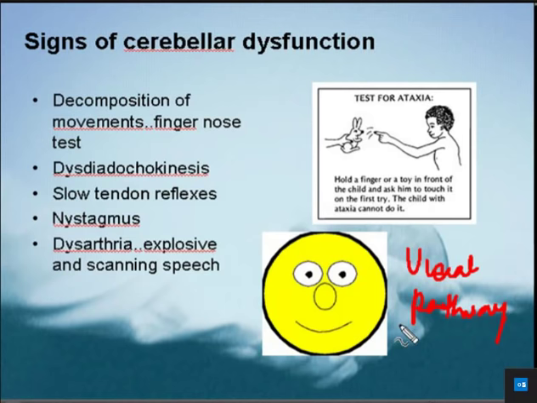So if the cerebellum is damaged, obviously the eye muscles are incoordinated. So you have what is called nystagmus.